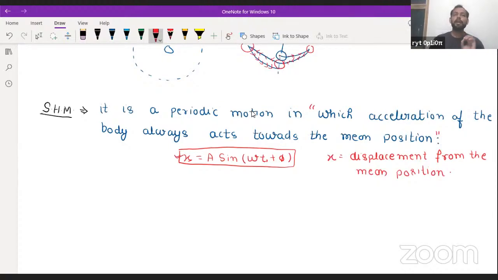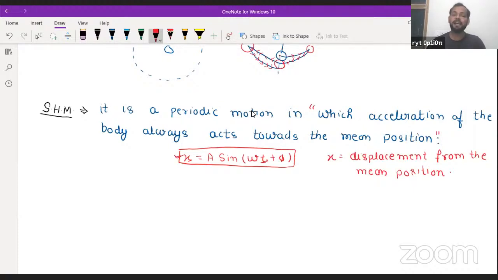So if you want to calculate the displacement of any system from the mean position at any instant of time, by using this equation you can get the displacement value.